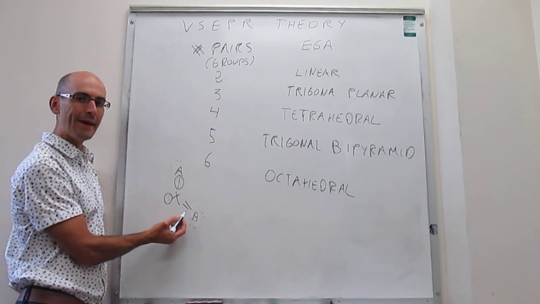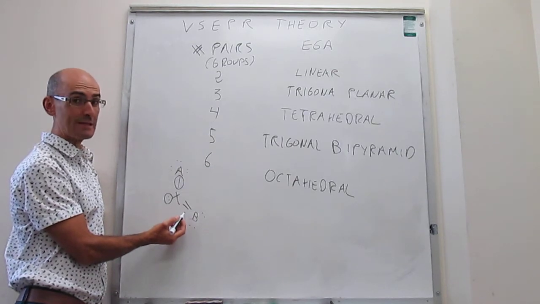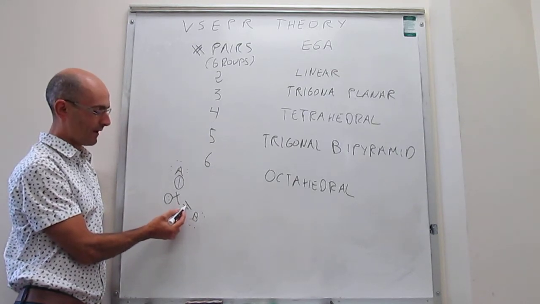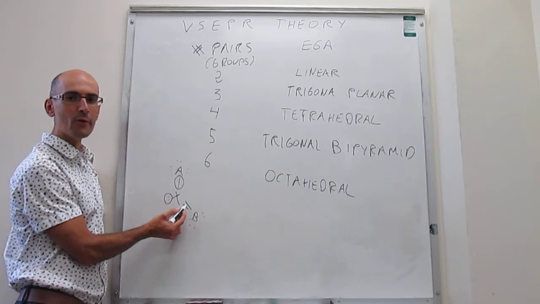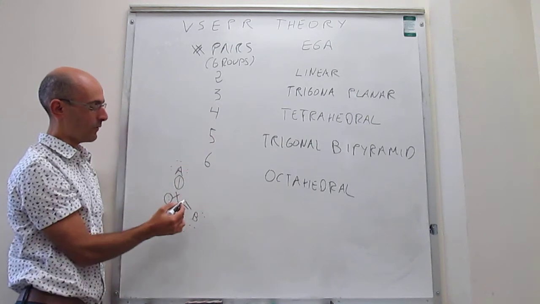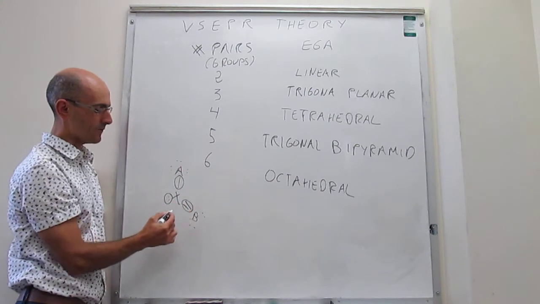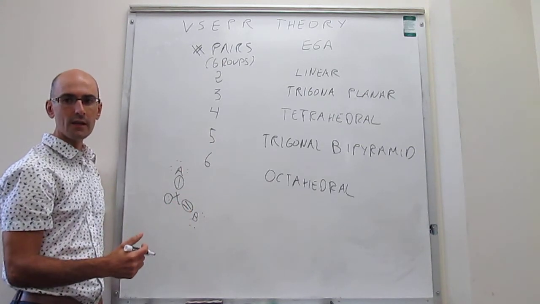If you're thinking about pairs of electrons, you will be misled, because that would make you assume that you have one pair of electrons here and then another pair of electrons, which would give you a total of 4 pairs of electrons around the central atom. That is not true for what we're trying to do here. This counts as just one single electron group.